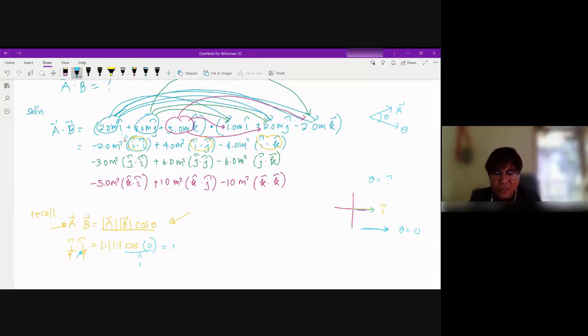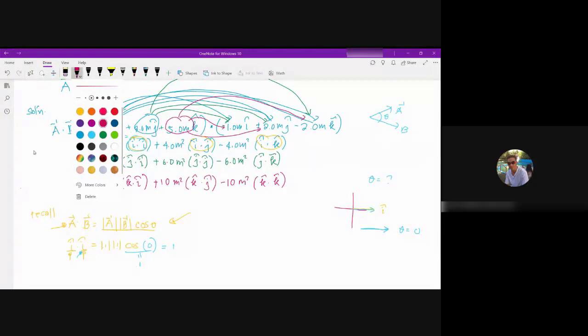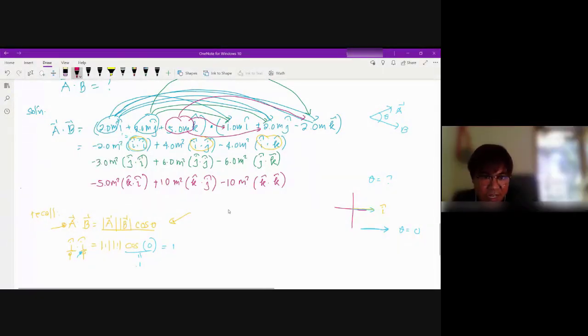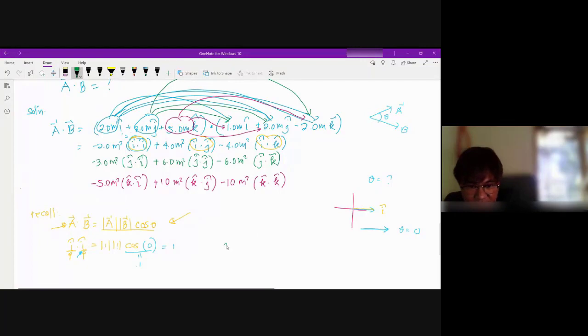Now notice, if we consider the other components, for example j hat dot j hat, what is the result? The magnitude of j hat is just equal to 1, that's a unit vector, multiplied by the magnitude of the second vector, which is also equal to 1.